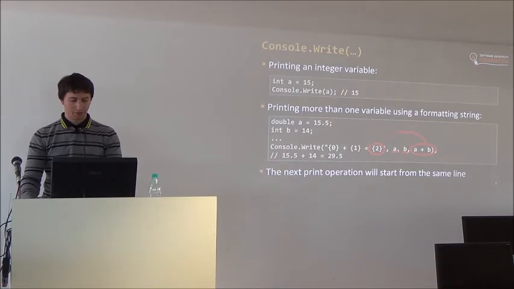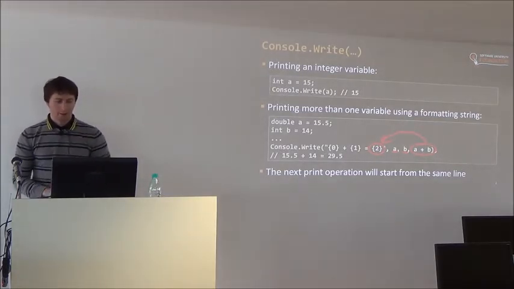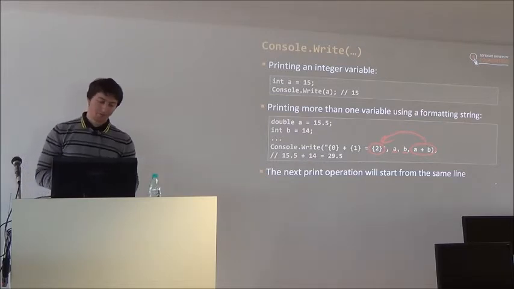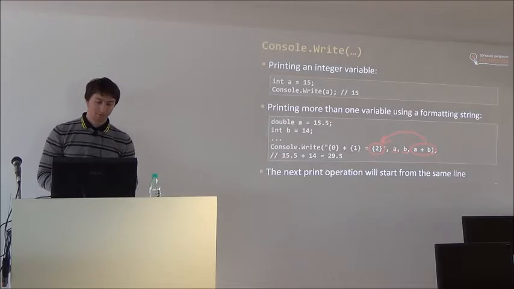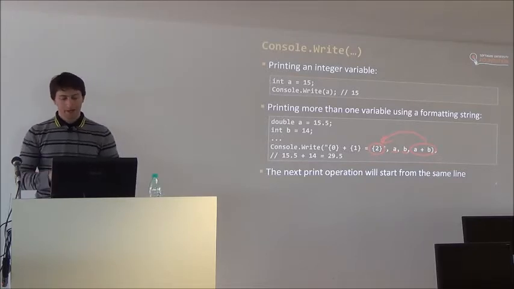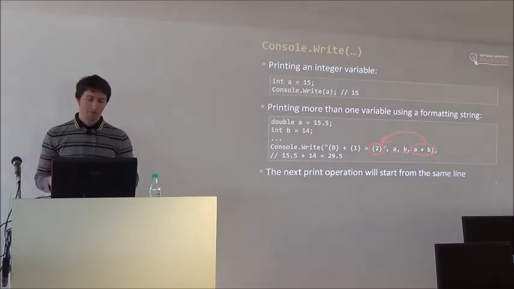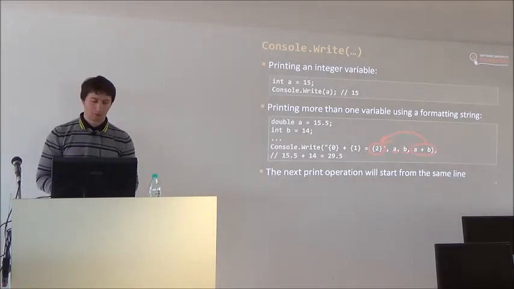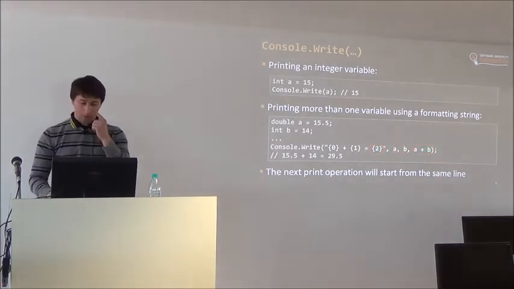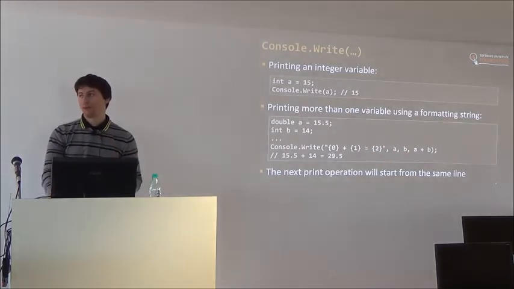So this will be replaced in the string here. So we basically have 15.5, which is A, plus 14, which is B, is equal to A plus B, which is 50.5 plus 14. So you've got the answer you're probably expecting. Any questions about this behavior?